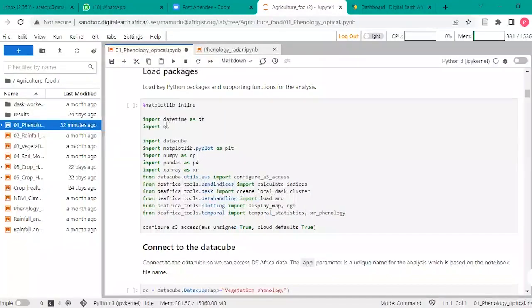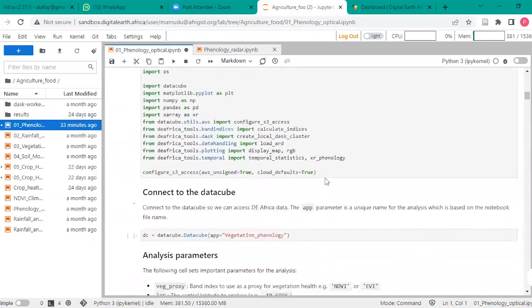We are loading the data cube, matplotlib, NumPy, pandas, and xarray. We're going to bring in the band indices. Of course, we require Dask to ensure that our scripts run properly, the data handling, the plotting for the maps, as well as the temporal statistics and the XR phenology. So we would run this.